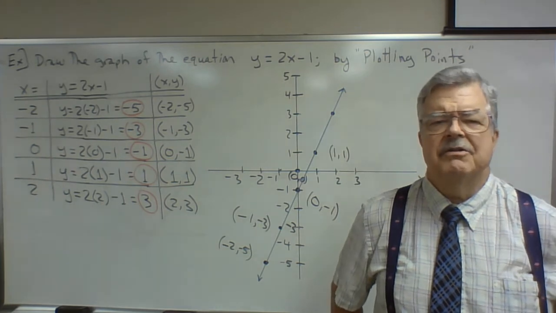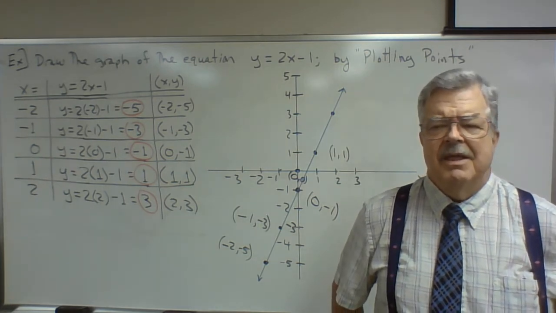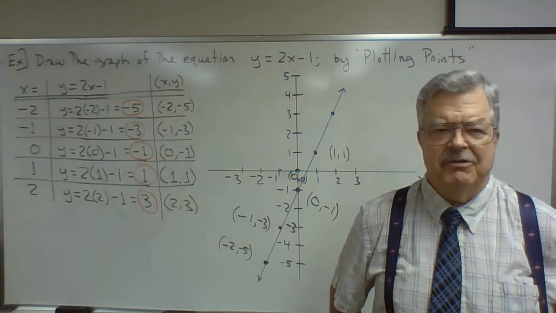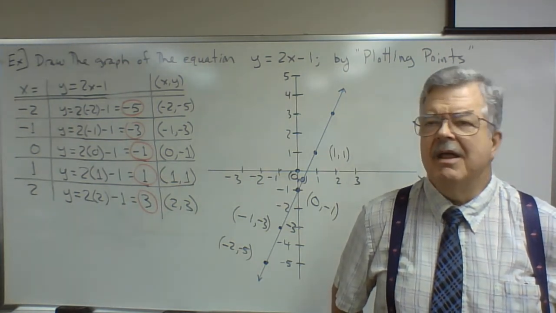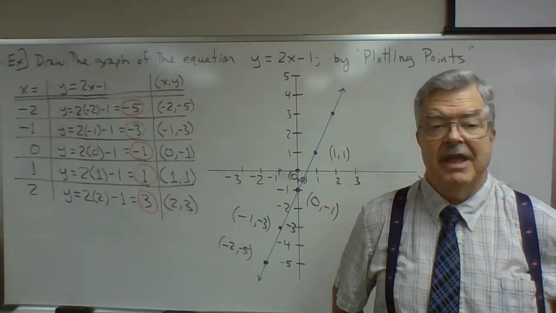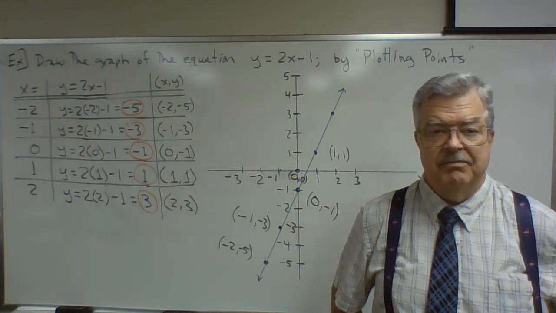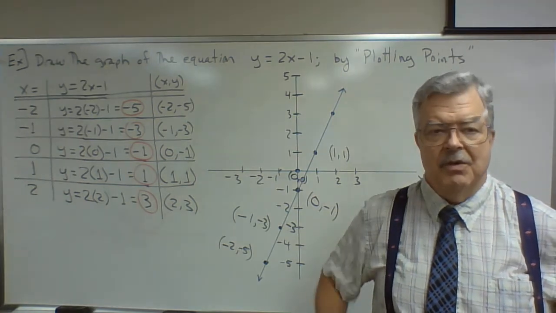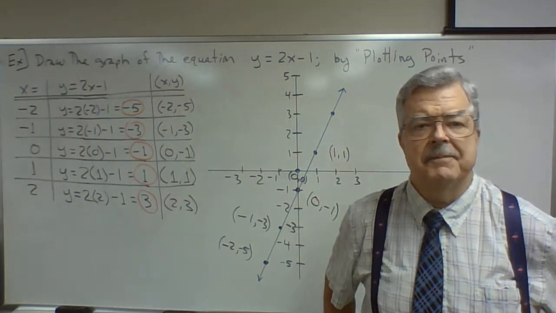What we are going to do right now is just take a look at some special graphs and note the characteristics that they have that make them special. And note what this says about the solutions, the ordered pairs x and y.